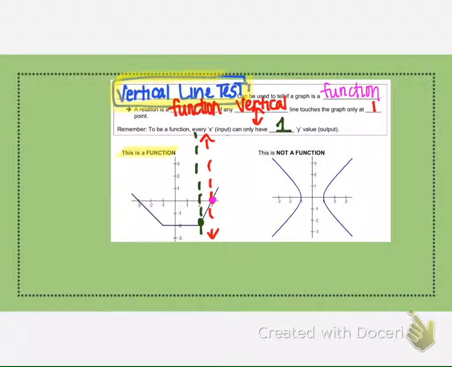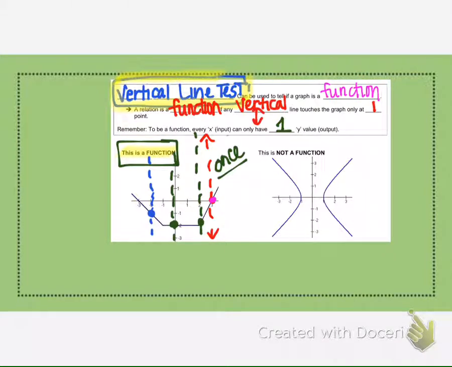No matter where, let's say I go through -2, it only touches the graph once. If I draw my vertical line here through the origin, it only has 1 point. So no matter where I draw a vertical line, it only touches the graph once.